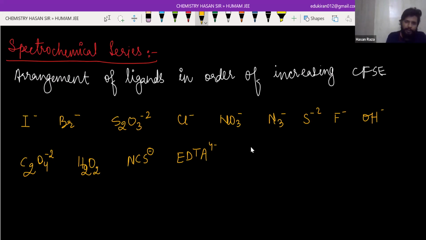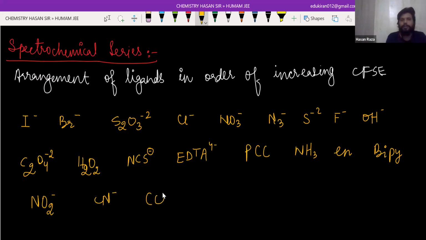Then PCC, then NH3. After that, you have EN, ethane 1,2 diamine, bipyridine, it is, not phenyl, NO2 minus, CN minus, CO. CO is the strongest carbonyl. So if you are going to check it, you can do it like this.